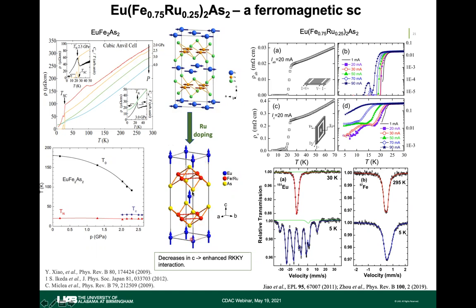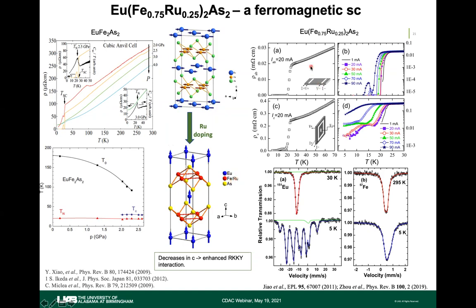So the c-axis is compressed by this chemical pressure, decreased by about 3%. And because the ruthenium here is a 4d electron, that's more extended than the 3d iron, in this case the RKKY interaction is expected to be enhanced on the europium side.